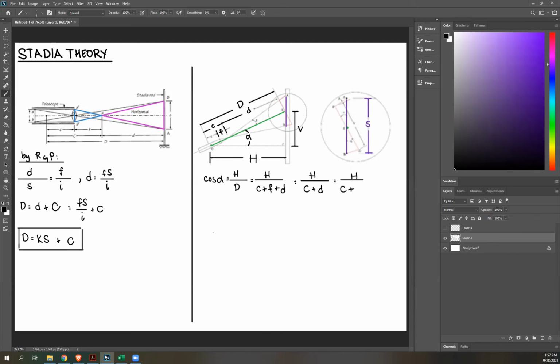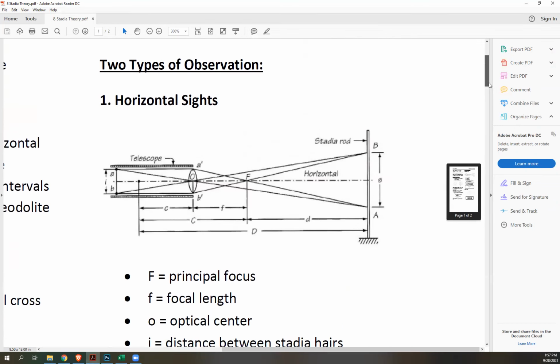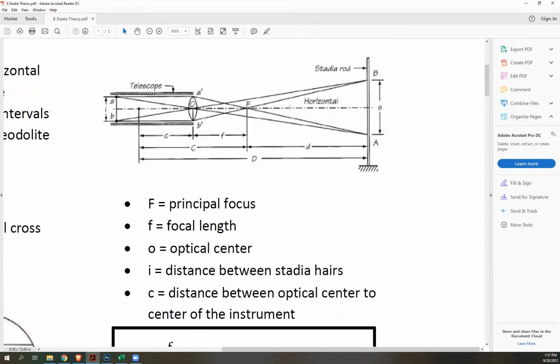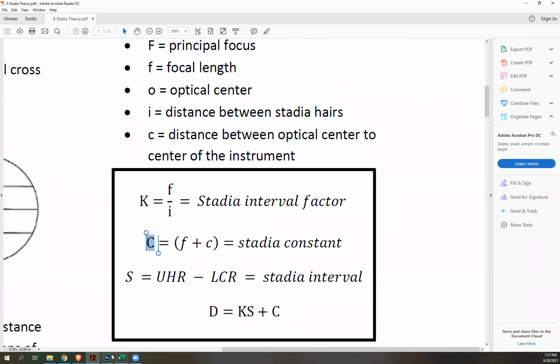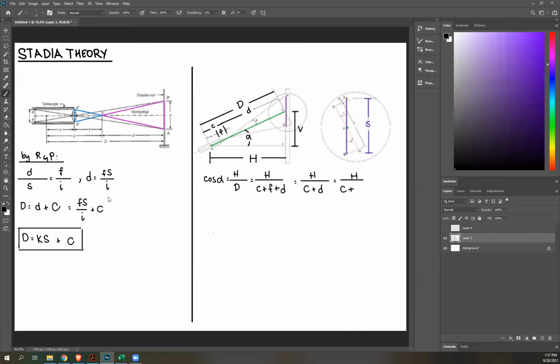KS. Right? Because in terms of this drawing, this is your D, from foci to your leveling rod. D can be rewritten as this, KS.